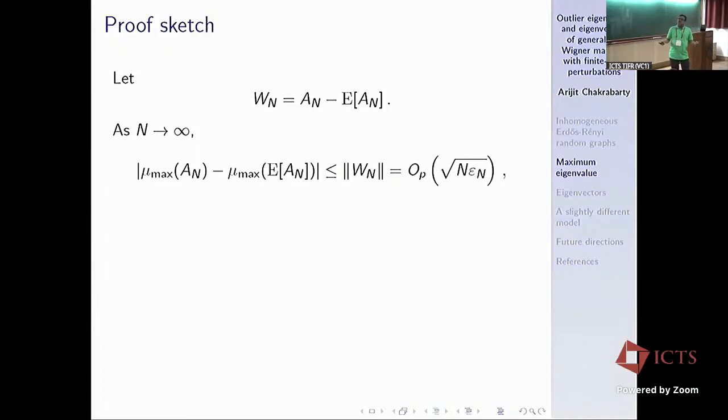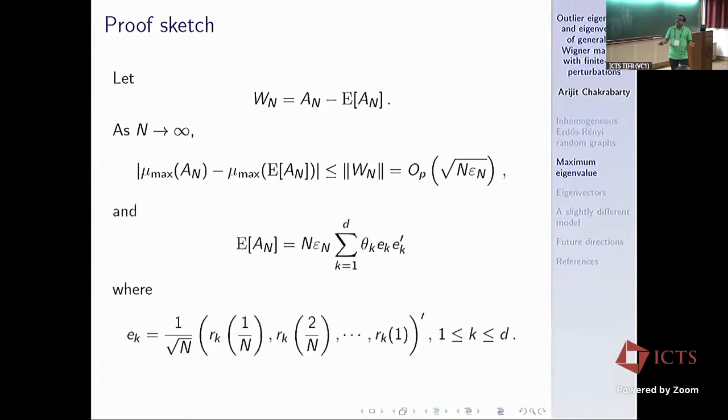Therefore, the spectral norm is of this order, which is much smaller than n epsilon_n. And so, when you divide by n epsilon_n, you immediately get that the largest eigenvalue divided by this goes to theta_1, and the same for any one of the k largest eigenvalues.